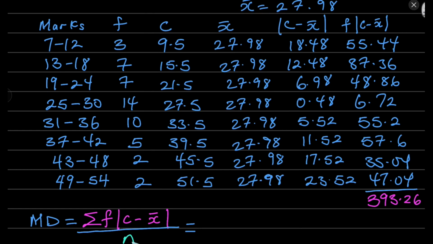Moving on, let's go back to our formula. The formula says divided by n, and n means the total frequency. So we just sum up our frequency. I'm going to skip that, but if you sum up your frequency, you'll realize it's going to be 50. So we have our numerator divided by our denominator 50.